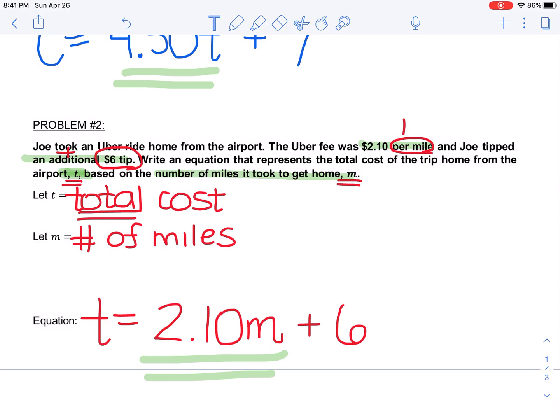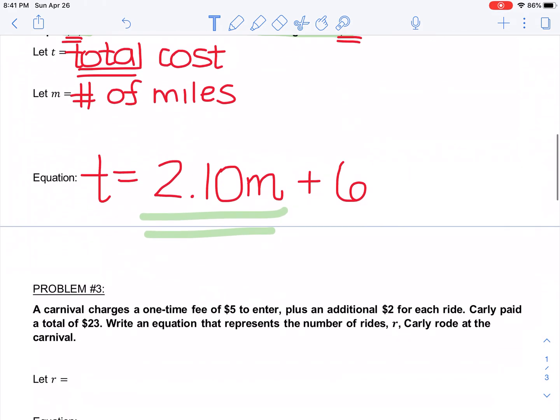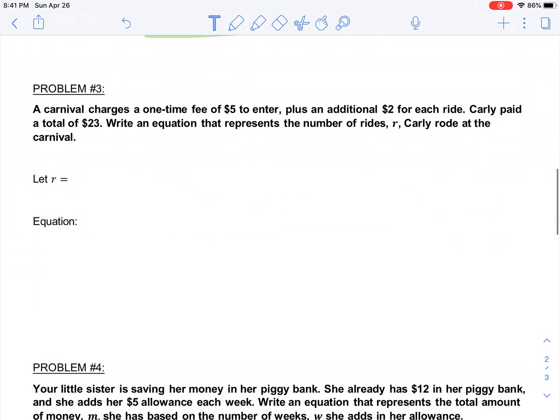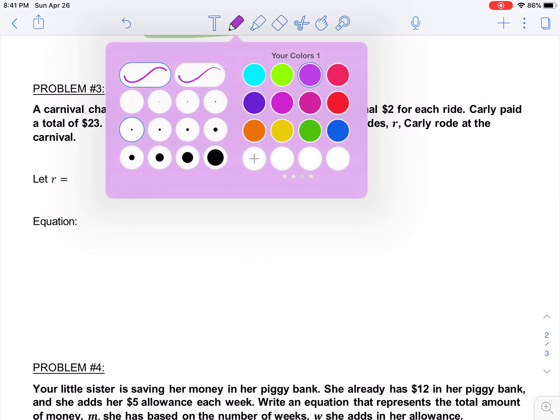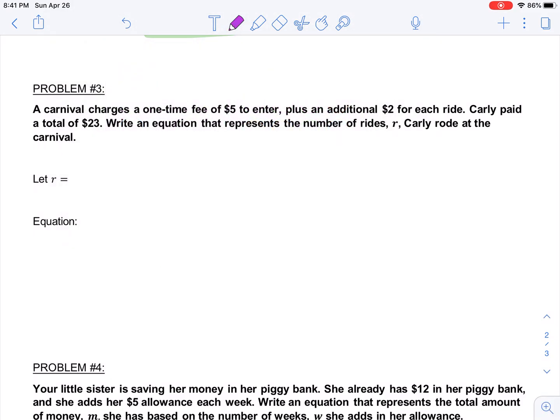All right, we're on to problem number 3. A carnival charges a one-time fee. That's really, really important to understand that, just like all of the problems previously. A one-time fee of $5 to enter, plus, okay, I know plus means to add, an additional $2 for each ride.